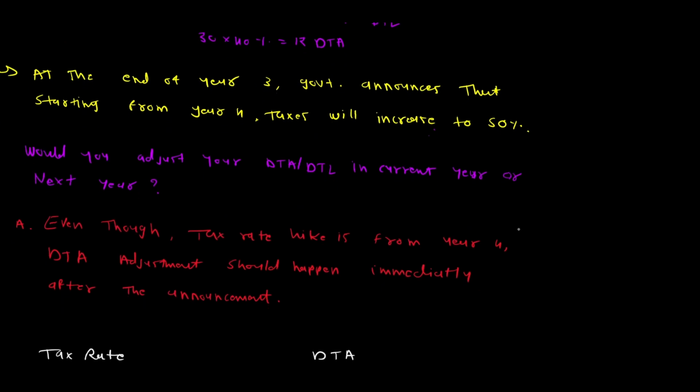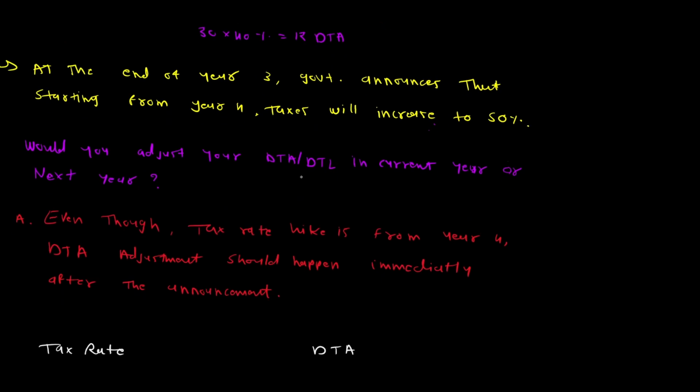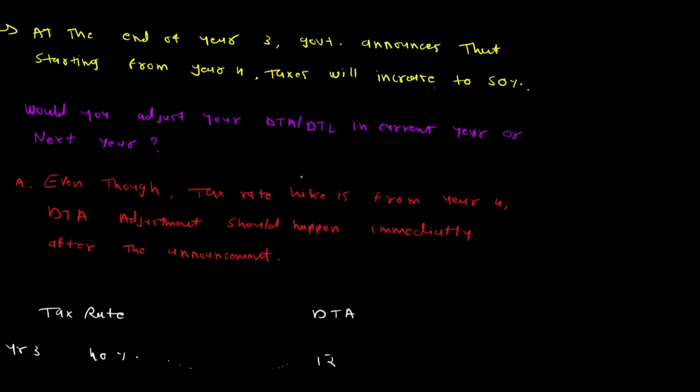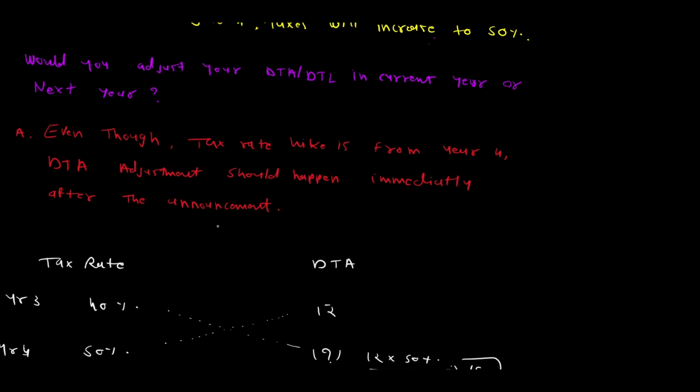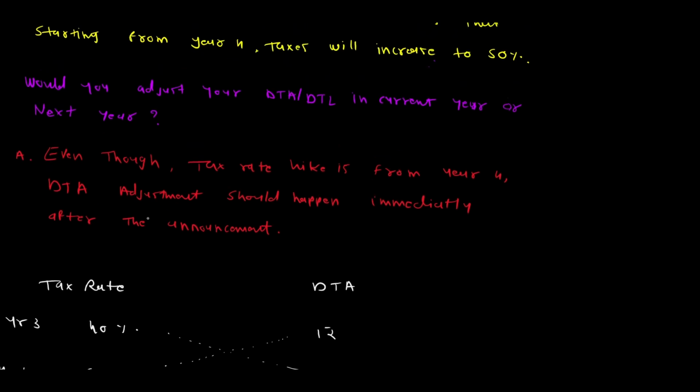So would you adjust your DTA or DTL in the current year or the next year? The answer is, even though the tax rate hike is from year 4, the DTA or DTL adjustment should happen immediately after the announcement, in the current year.